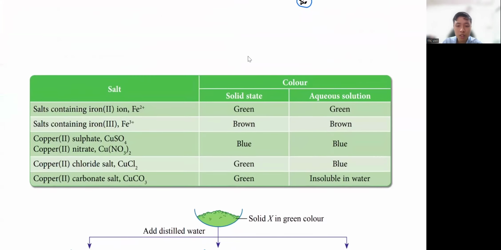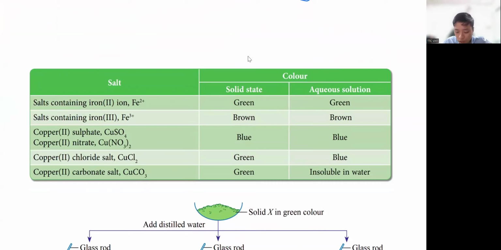Now the colors: Fe2+ green, Fe3+ brown. Normally if paired with OH, it's considered as insoluble. All of the salt paired with OH is insoluble.